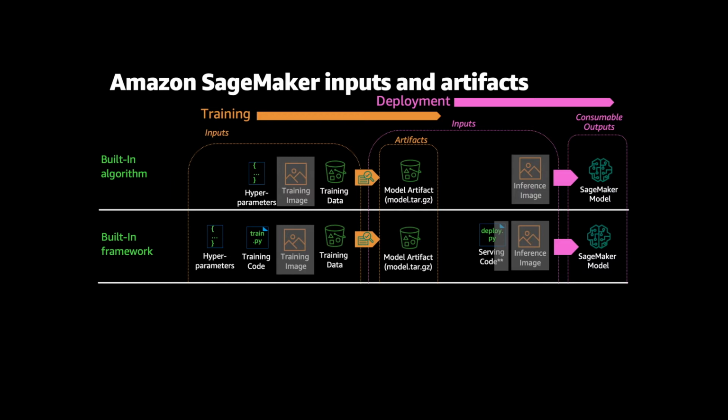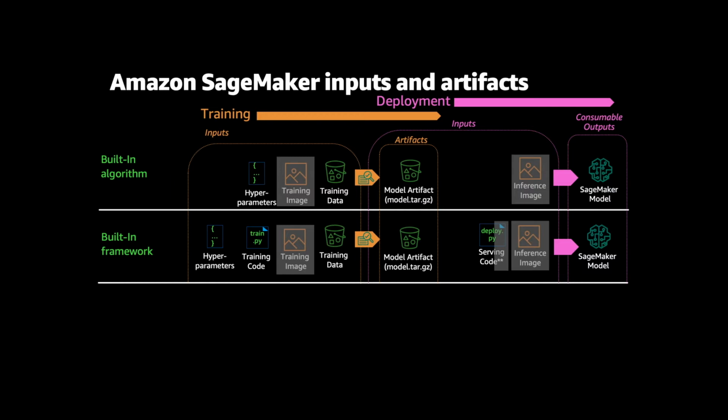So in the first layer, we have the training image and the inference image out of the box, and pretty much we need to tweak the hyperparameters to achieve the best trained model based on the metrics we want to maximize, for example. Then we create the artifacts that should be published into an S3, and that's going to be our trained model to be consumed by a variety of different client applications.